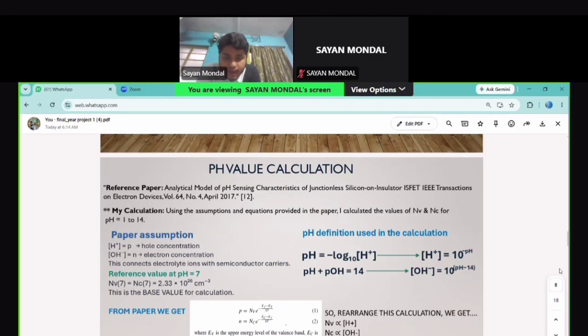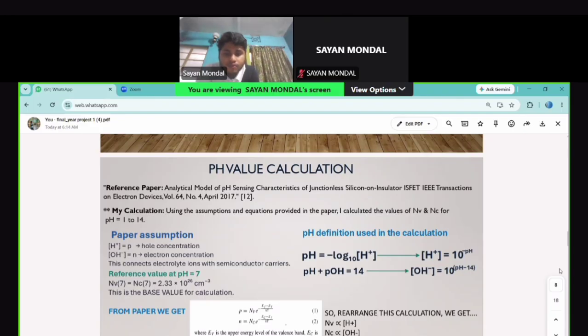And from the paper we take p equal to Nv e to the power minus (Ef minus Ev) by kT, and this is a constant, e to the power minus (Ef minus Ev) by kT. From this we can write p is proportional to Nv. As p is proportional to Nv, then we can write Nv is proportional to H+, because H+ is equal to p. And also we can write Nc is proportional to H minus.